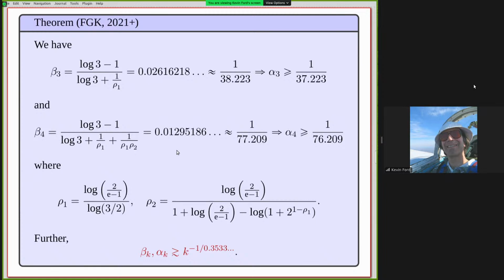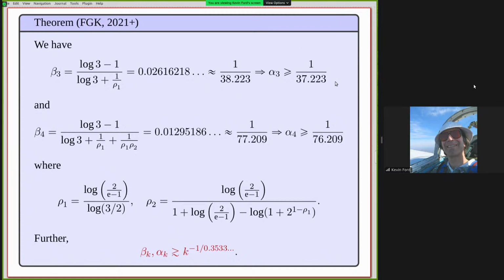But the point is, if you compare the lower bound of Maier-Tenenbaum in the case of beta 4, it was something like 1 over 86. So we have a larger value here, so that immediately improves alpha 4.